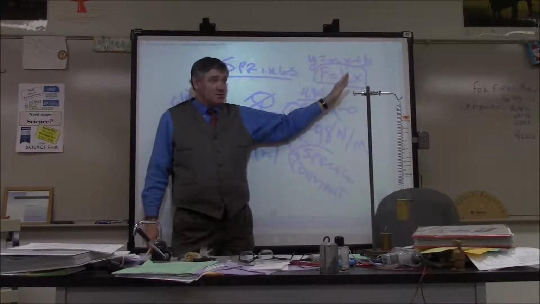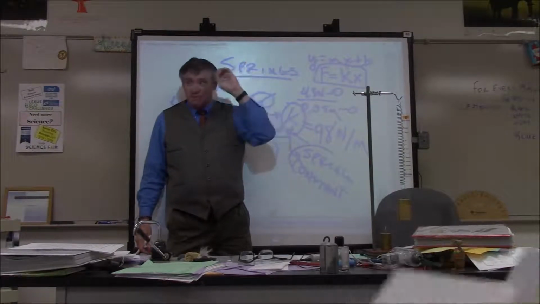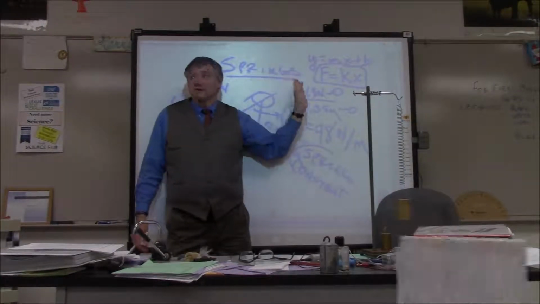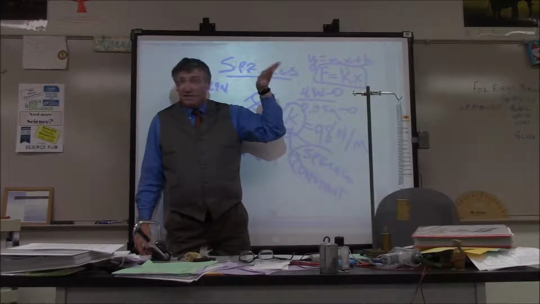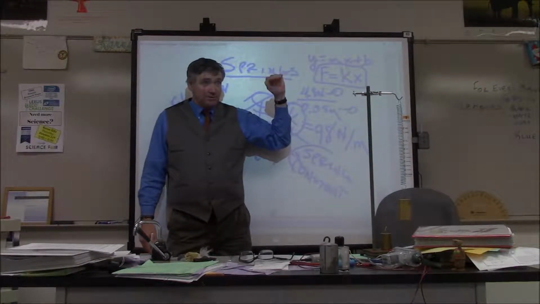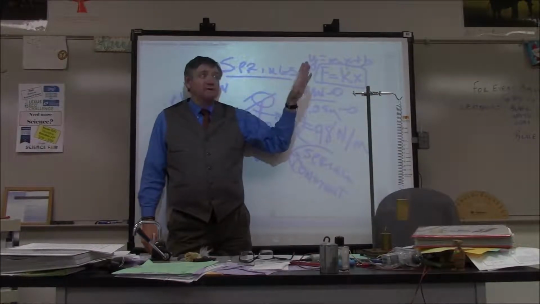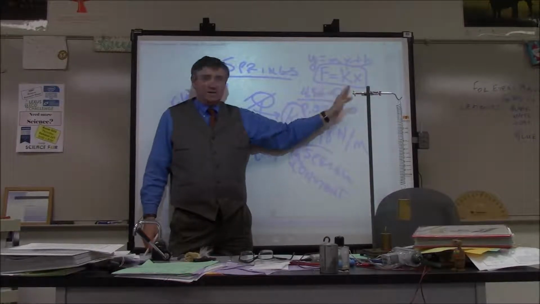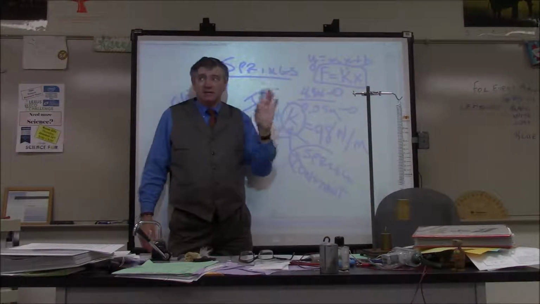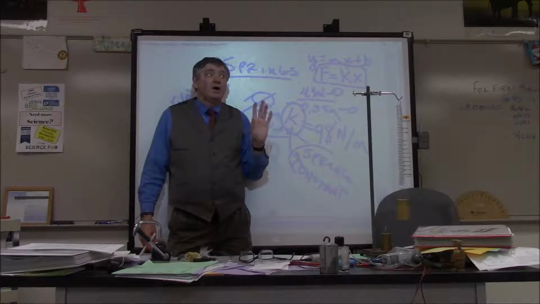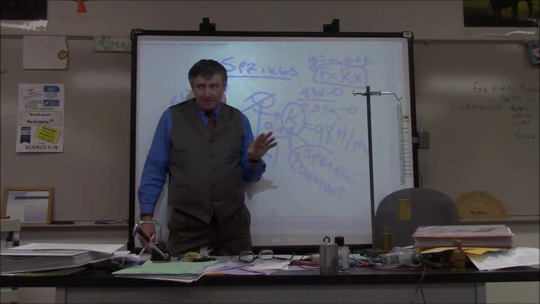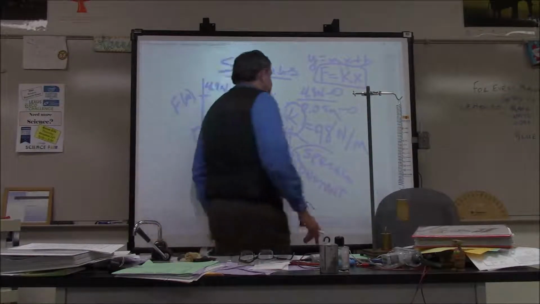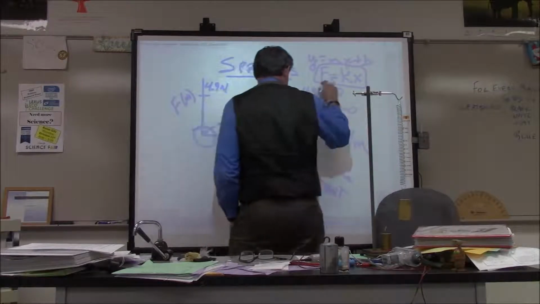So this is where this comes from. It says SP to indicate this is the force acting on a spring. All this is y equals mx plus b. It's just a linear function. That's all it is. Don't flip out. So I got F equals kx.